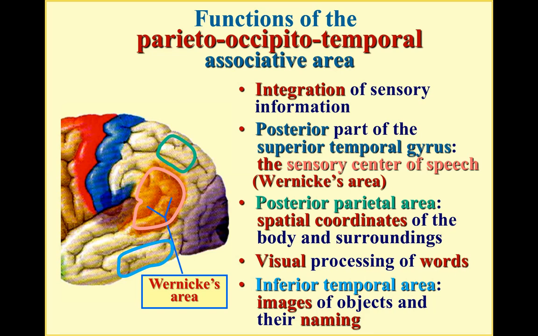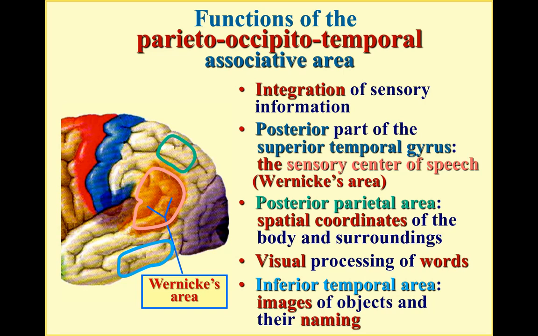And while they were imagining these objects or naming objects, the corresponding area was found to be active at this moment. And so this is inferior temporal area. So there are numerous functions, and some of them we are going to consider in more detail.